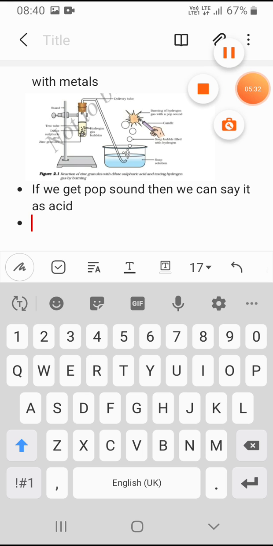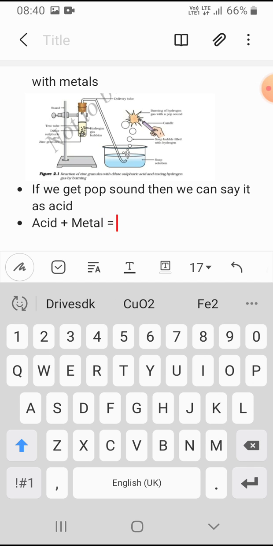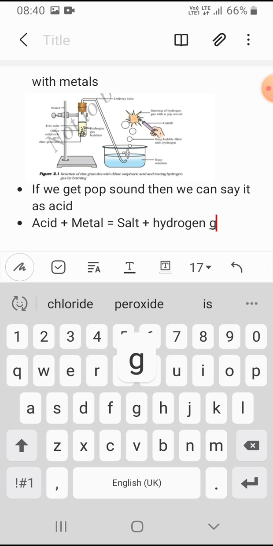One thing we have to remember: in any reaction, if hydrogen comes and it gives a pop sound, then we can say easily that it is acid. When acid reacts with metal, we get salt plus hydrogen gas.